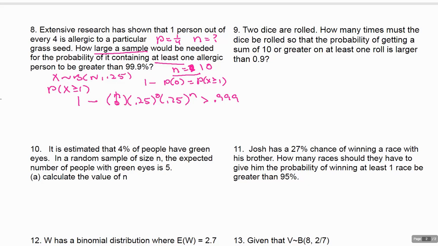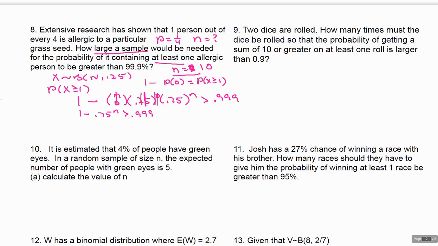Any number choose 0 is going to be 1. What's any number to the 0 power? Also 1? Also 1. And that's why this problem really relies on the fact that we're finding the probability of 0, because then both of these will end up being 1s, leaving me with 1 minus 0.75 to the nth power is greater than 0.99.